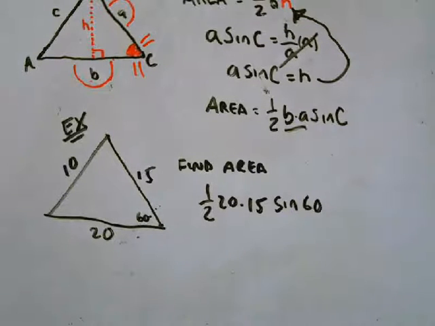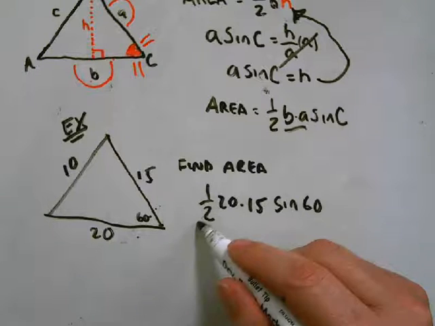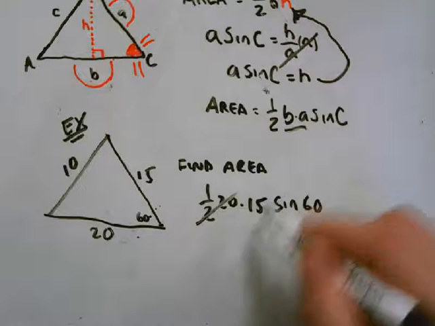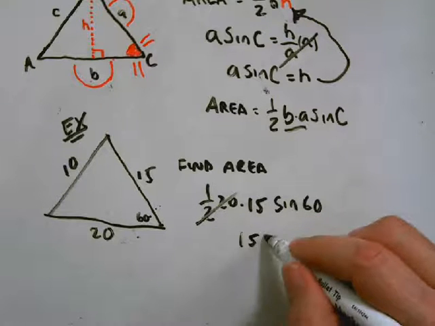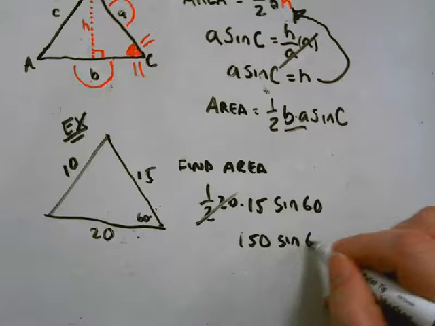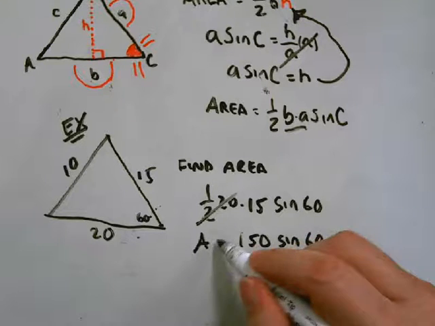I'm going to do a little work here. I'm going to make this 10, and 10 times 15 is 150, sine 60, and that will be the area of the triangle once you plug that into the calculator.